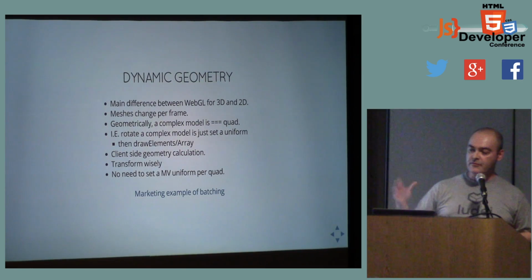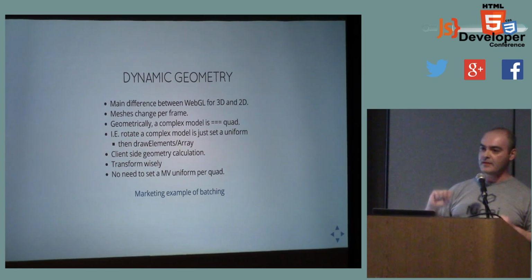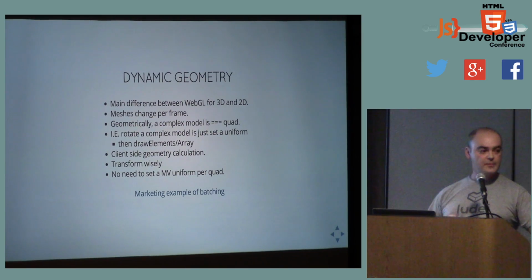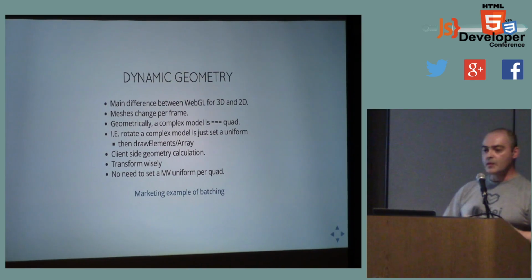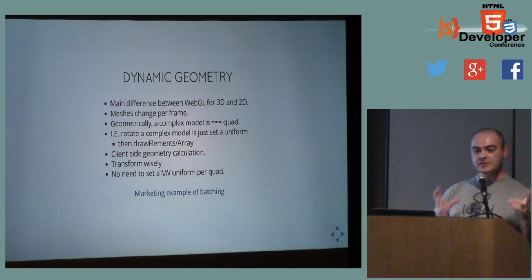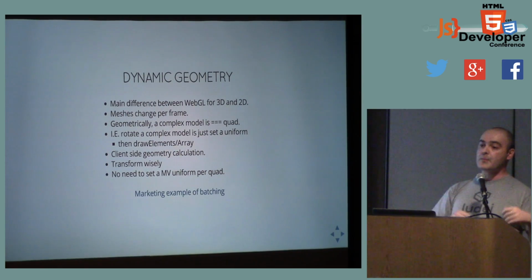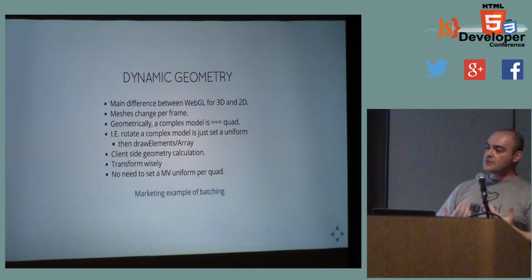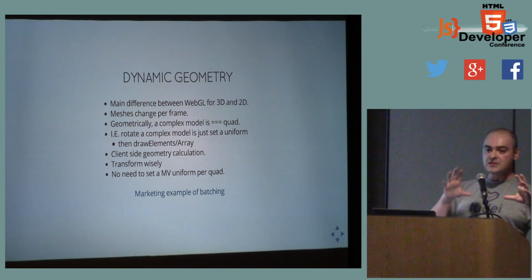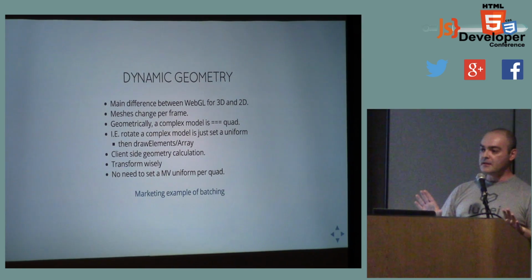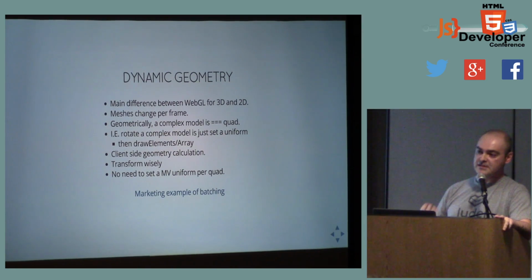We have a model for a chair, a model for a monitor, a model for this room, a model for whatever. But in 2D graphics, we have completely dynamic geometry. Every frame, my sprites are going to be moving somewhere else, and in an unpredictable way. I'm unable to know programmatically or to produce procedurally something to position my sprites on the screen.